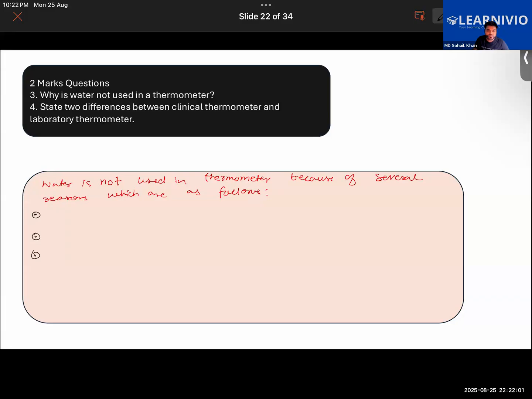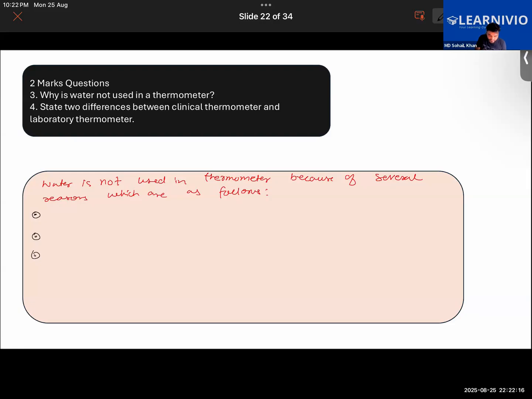First point: it is very unpredictable. One point no one is talking about is that water is actually colorless and transparent, so it becomes difficult to see it inside the capillary tube of the thermometer.